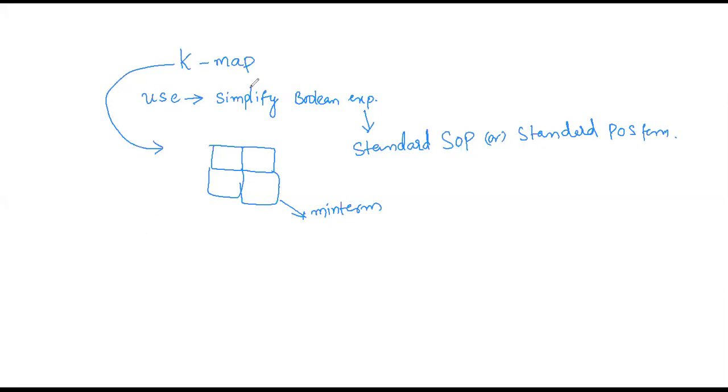After this, we discussed cell adjacency. Each square box we can also call a cell.